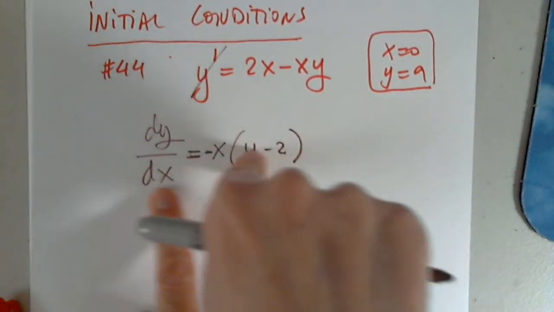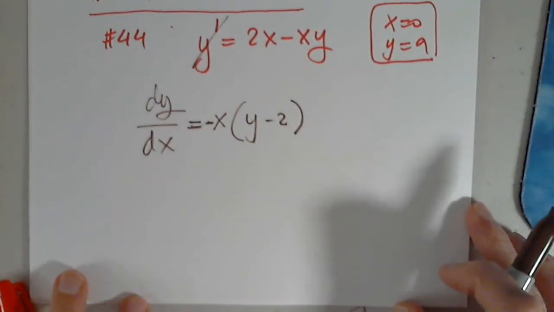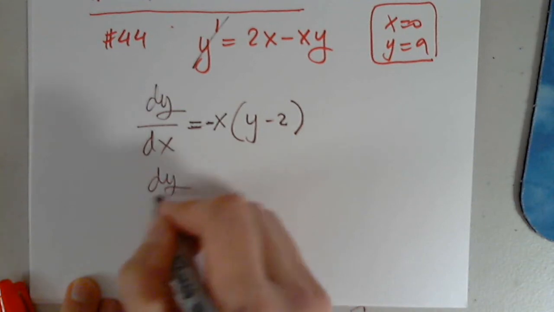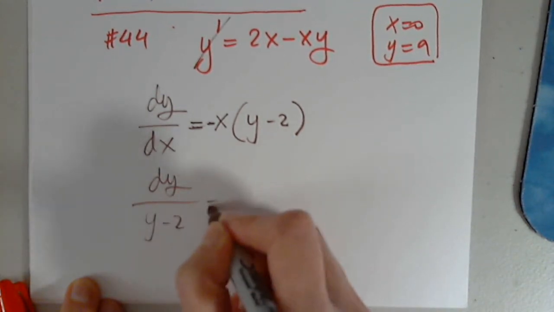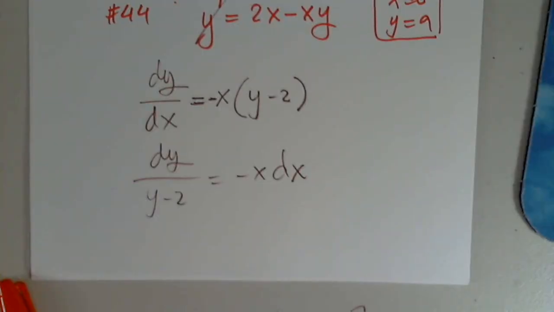I'm going to put y minus 2 in the denominator and dx after you cross multiply if you want to do that. So dy over y minus 2 equals negative x dx. I'm happy now because the two variables are separated completely, one on one side and one on the other.